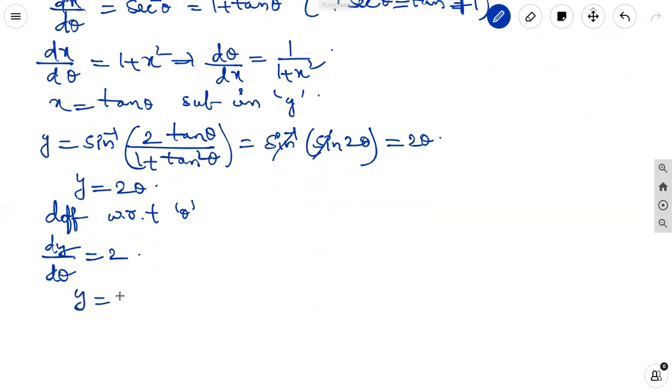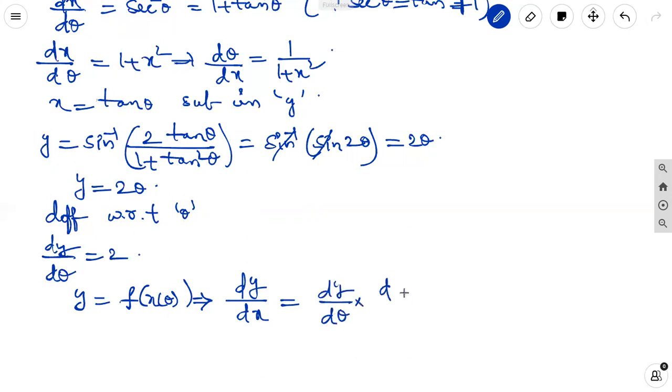Since y is a function of theta, and theta is a function of x, differentiating y with respect to x means first differentiating y with respect to theta, and then theta with respect to x.